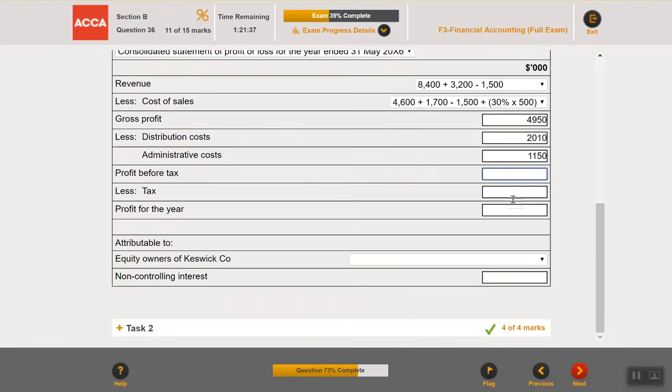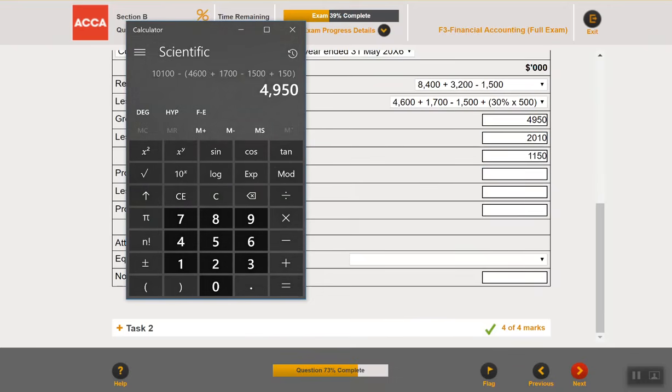And then profit before tax, which is the adjustment figure. So 4,950 minus 2,010 minus 1,150 equals 1,790.